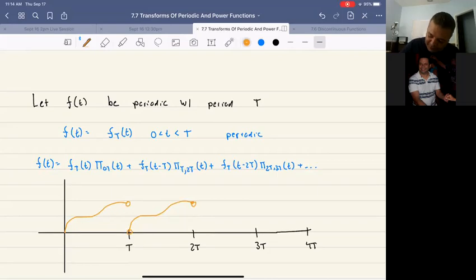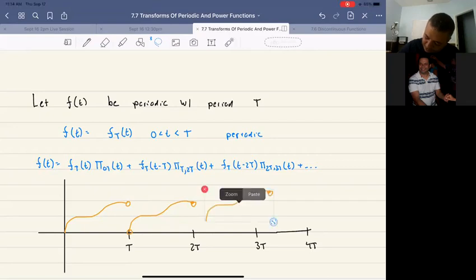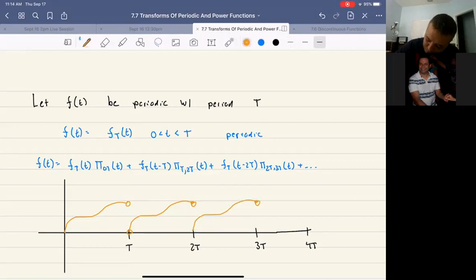Let me copy that again. What's going on is that f sub T is only defined from here to here. But if I go here, I'm just going to subtract off the T, and it'll bring me back here.